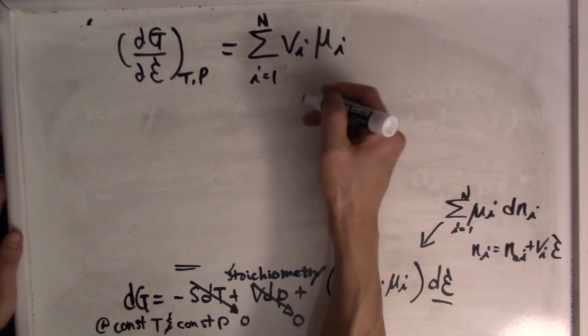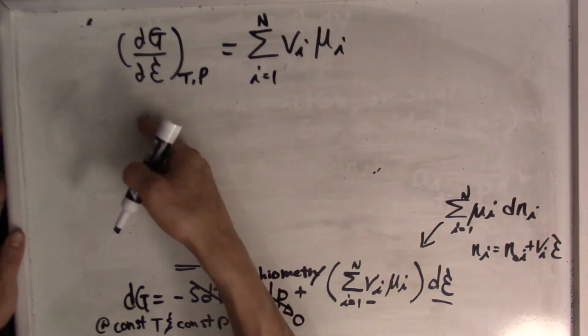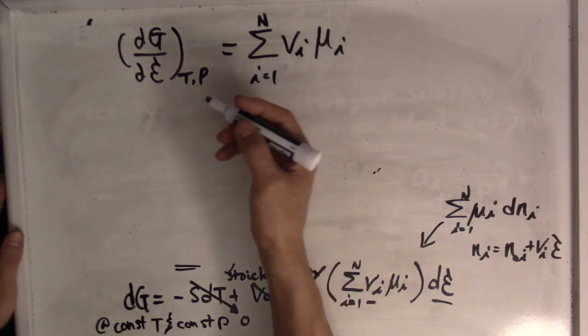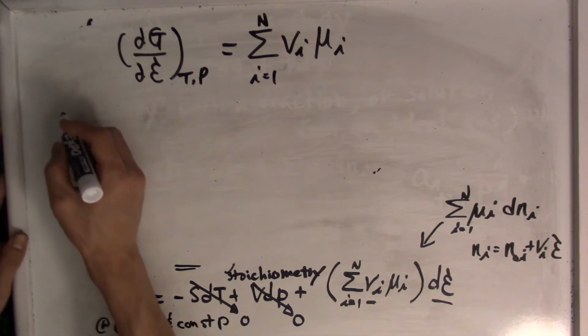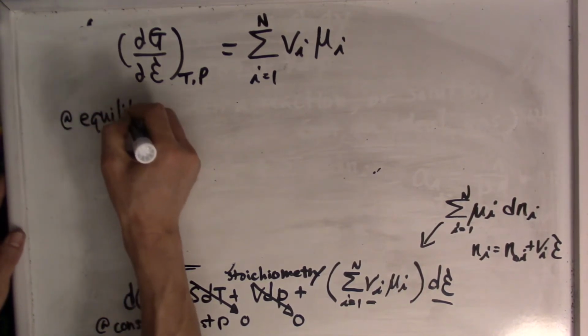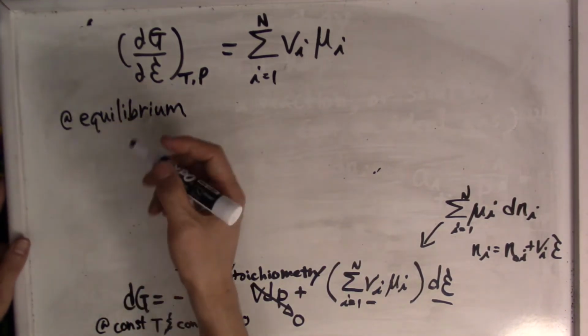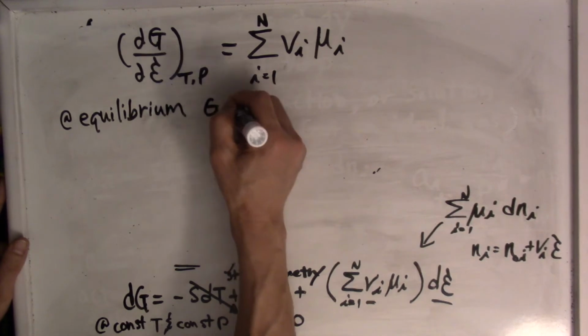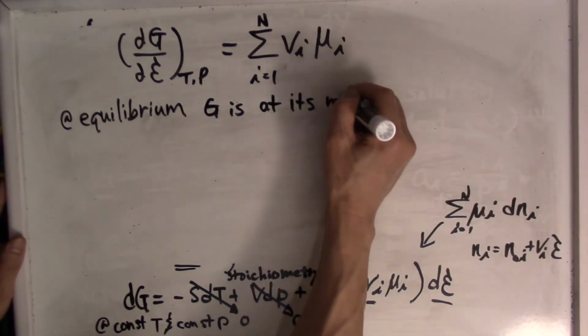if you have this equation right here, all right, what does this equation tell us, right? Now, interestingly, at equilibrium, G is at its minimum, right?